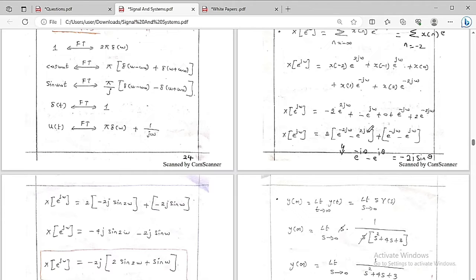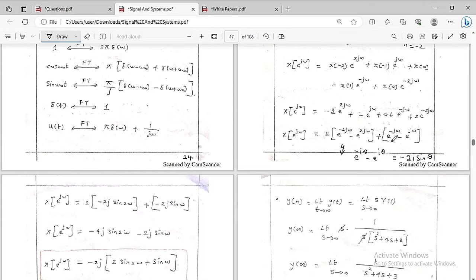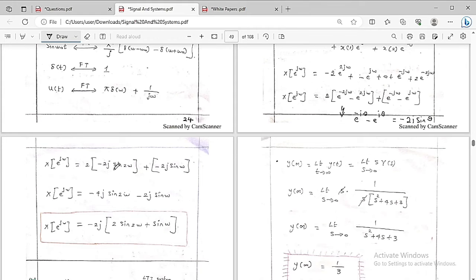Theta here is nothing but 2 omega. So minus 2j sine 2 omega, plus, and this is also the same thing: e to the power of minus j theta minus e to the power of j theta is nothing but minus 2j sine theta. Theta is equal to omega, so minus 2j sine omega. If you take this 2 inside, then we are going to get minus 4j sine 2 omega minus 2j sine omega.